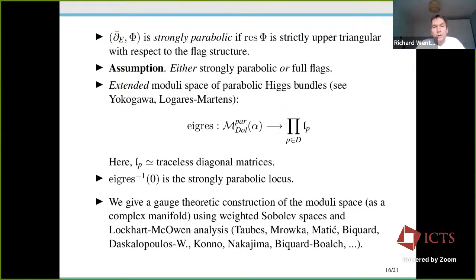This is using techniques that have been around for a very long time, developed originally, I think, by Uhlenbeck and Donaldson, based on an influential paper of Atiyah and Bott, and then developed further for Higgs bundles, especially in the strongly parabolic case. So maybe the only original thing here is that we're looking at the general, not strongly parabolic case, but we add in these other weights. Okay, so this is a gauge theoretic construction of these moduli spaces as complex manifolds.